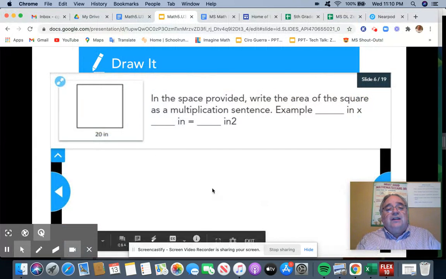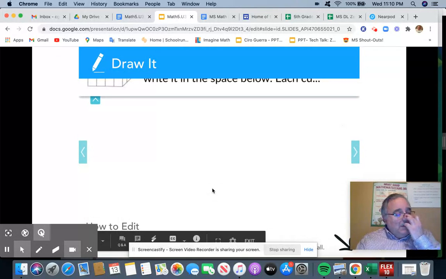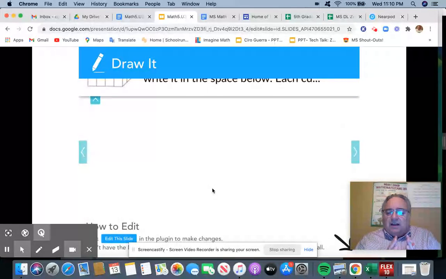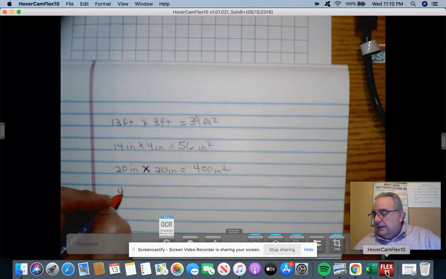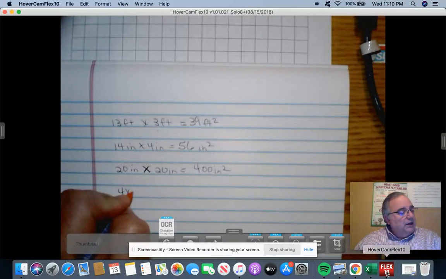Now we're going to be looking at these other ones very quickly. We are looking at the volume. And remember that in volume, we take the length times the width times the height. So on the first one, we had the length of 4. And then we had 2 cubes.